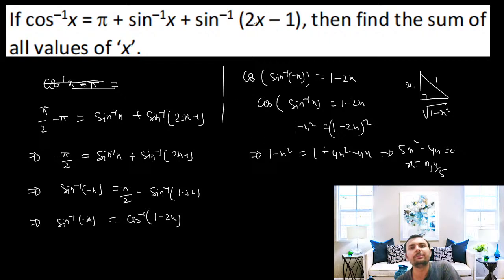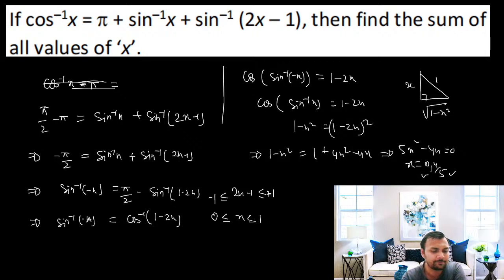So it should be between minus 1 to 1. 2x minus 1 should be minus 1 to 1. If we add, it is 0 to 1, x is 0 to 1 by 2. So 0 is also there, 4 by 5 is also there. So all the values are 0 and 4 by 5. So I think we got it.